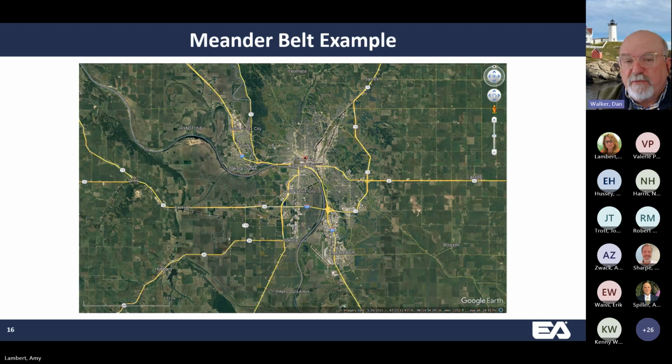All right, so to do this, we're going to go to a meander belt. If you're in the Midwest, this isn't going to be news to you, but we know that, for example, PFAS sites oftentimes are associated with any location where there was a heavy management of or use of aviation fuel.